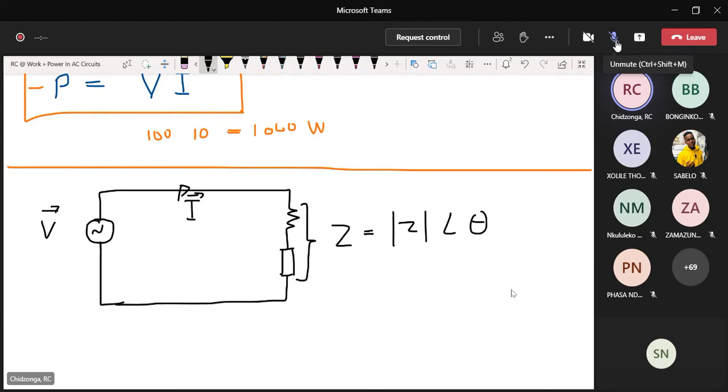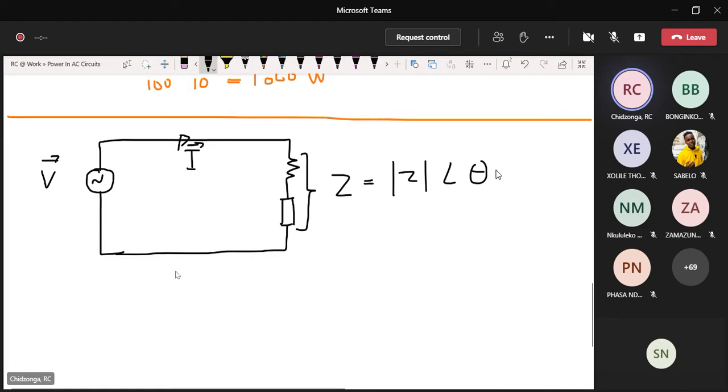Get me correct here, right? You must understand this very loud and clear. I have said in general calculations, if nothing is said about peak voltage or whatever, you can assume that whatever voltage is given is an RMS value.